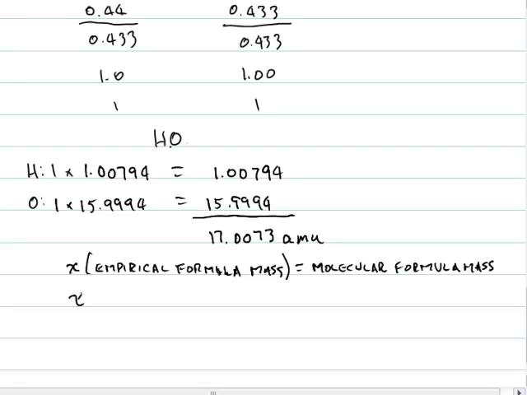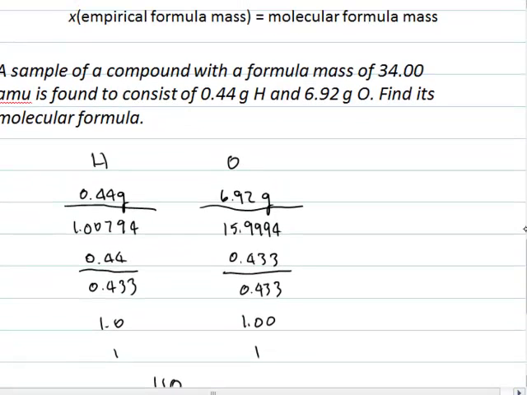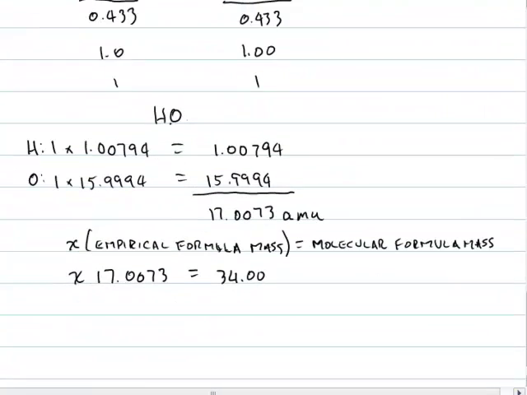So some number x times 17.0073 is equal to 34.00. If you recall, that was the number that we were given up here in the problem as the formula mass of the compound.